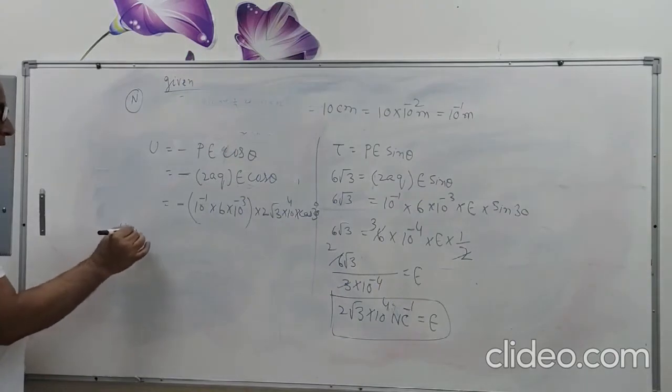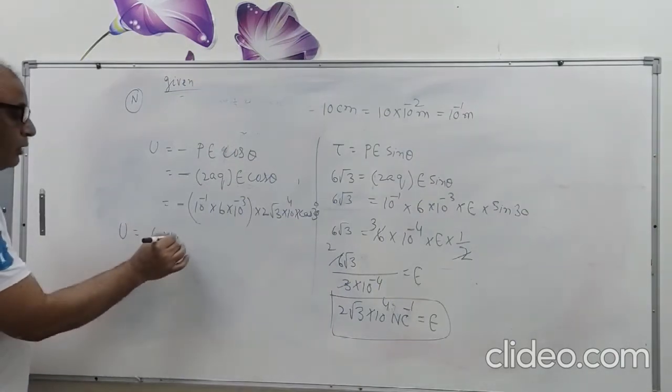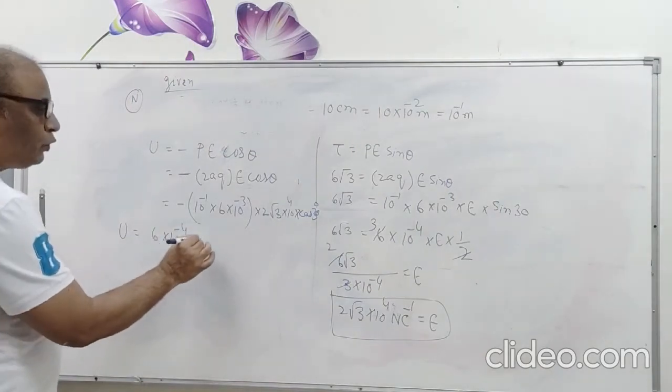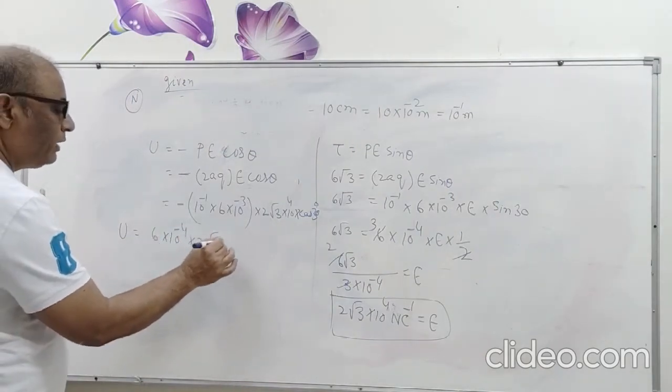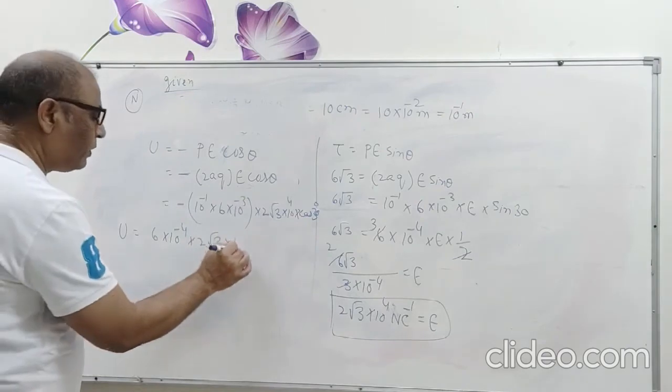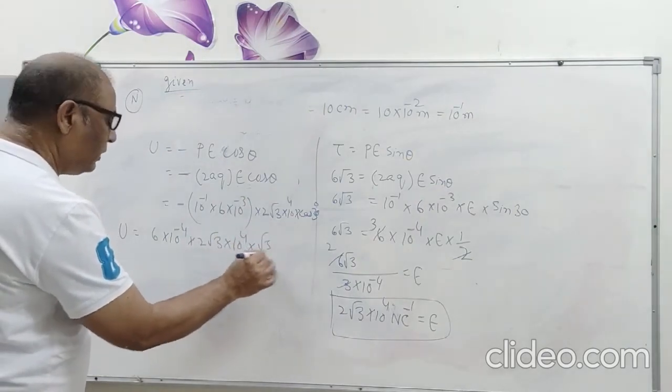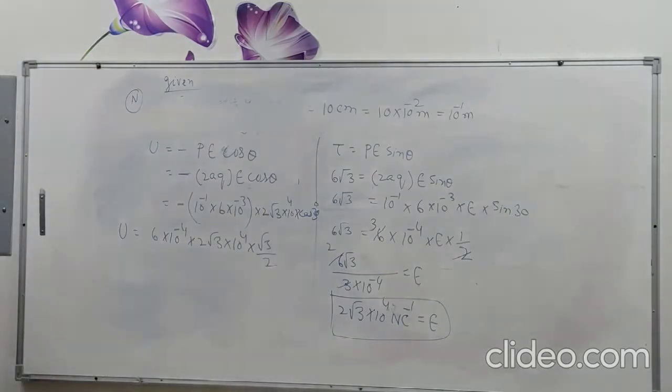Again U equals 6 into 10 to the power minus 7 into 2 root 3 into 10 to the power 6 and cos 30, which is root 3 by 2.